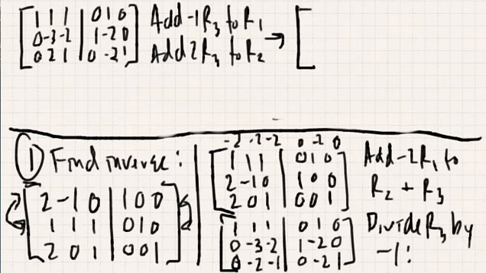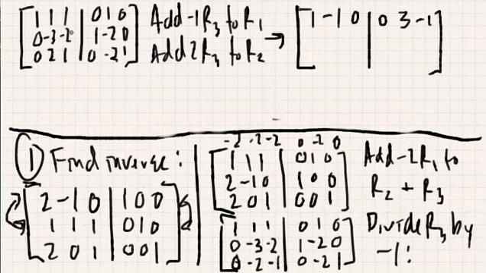So when I subtract row 3 from row 1, 1 minus 0 is 1, 1 minus 2 is negative 1, 1 minus 1 is 0. That's what I wanted. 0 minus 0 is 0, 1 minus negative 2 is 3, and 0 minus 1 is negative 1. With row 2, I am adding 2 times row 3.